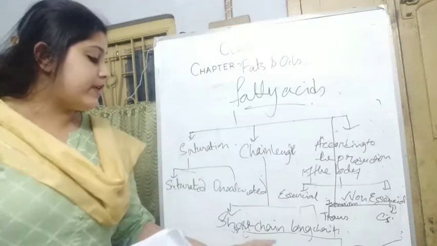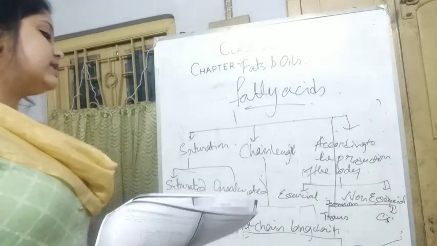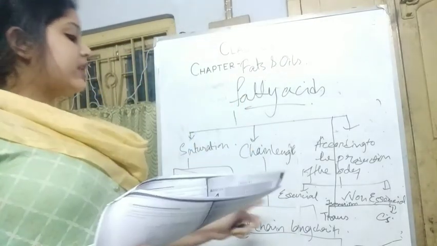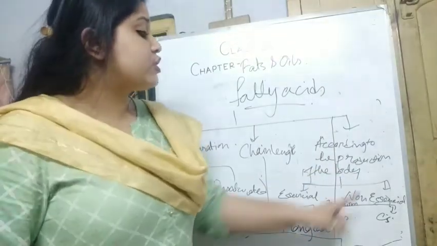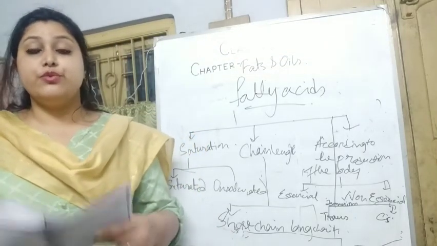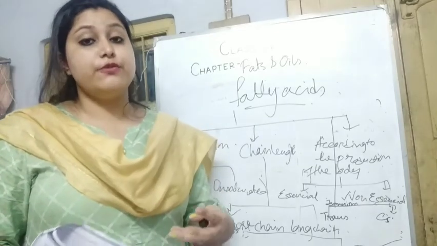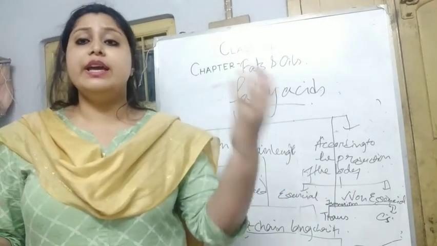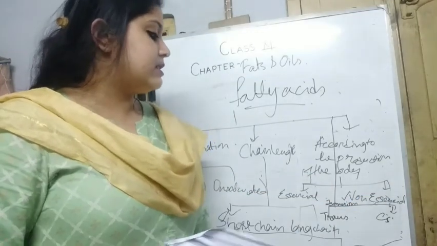Saturated and unsaturated fatty acids differ where double bonds are produced. Unsaturated fatty acids have double bonds, but when there is no double bond, it is saturated fatty acid. Short chain fatty acids have a short chain length, and where the chain length is long, it's called long chain fatty acid. Essential fatty acids are those we have to get from food, and fatty acids that can be produced in our body are non-essential.